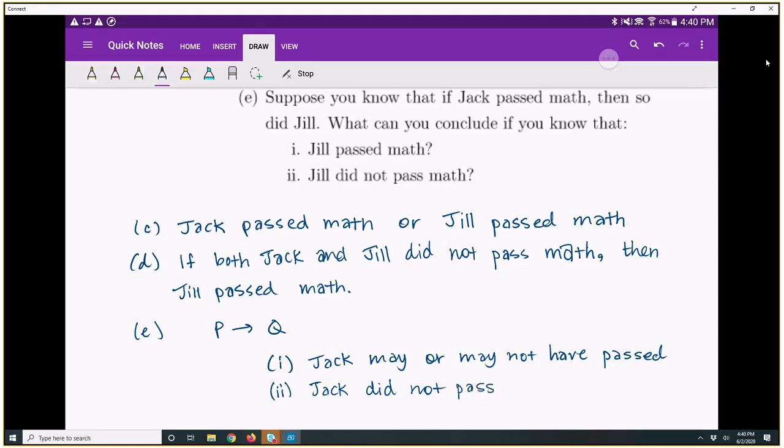So the difference here is that in situation 1, Jill passed. She might have passed because Jack passed, or she might have passed on her own and Jack didn't pass. Whereas if she didn't pass, we also know that Jack did not pass.